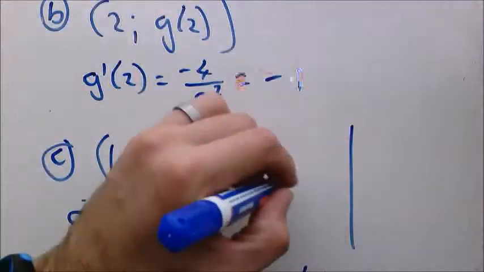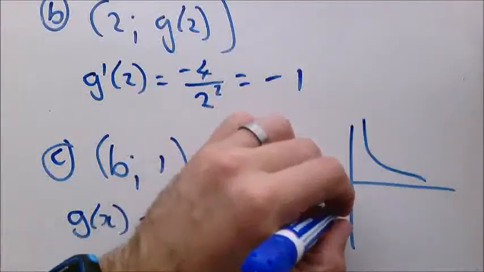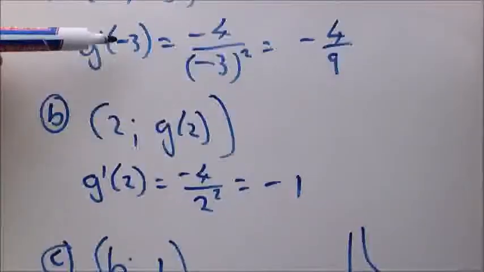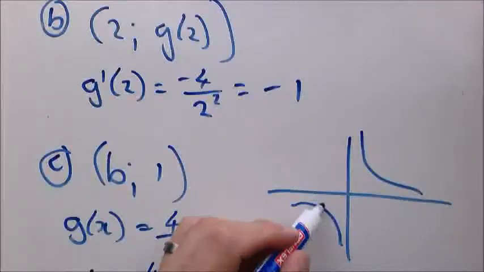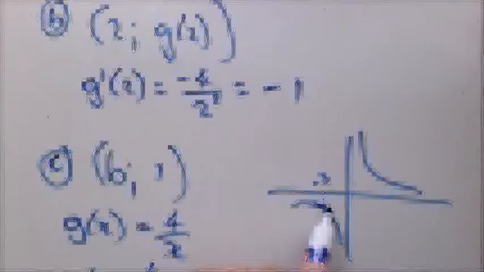Just a quick glance at how this graph looks like. It's a positive hyperbola graph, so it looks like that. Okay, and we initially calculated the gradient where x is negative 3. So it's probably somewhere here. You can see it has a slightly negative gradient.